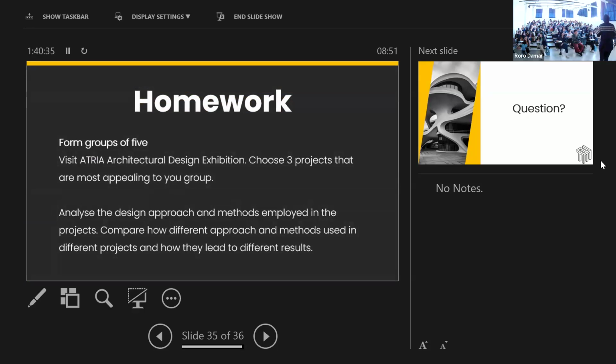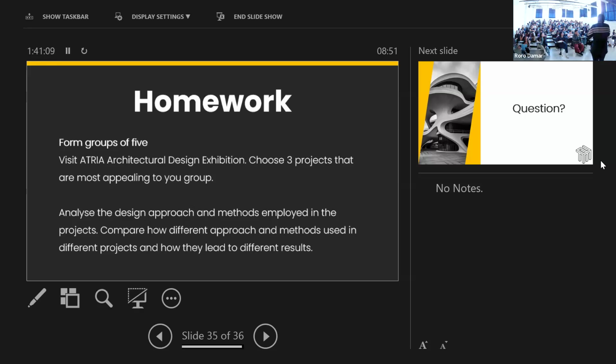Now I want you to choose 3 projects that are most appealing to your group. It can be from any criteria. In the exhibition, there are categories of invited student, alumni project, academic project, best studio work or anything. You can choose any that is displayed there. And then I want you to analyze the design approach and method employed in the project.